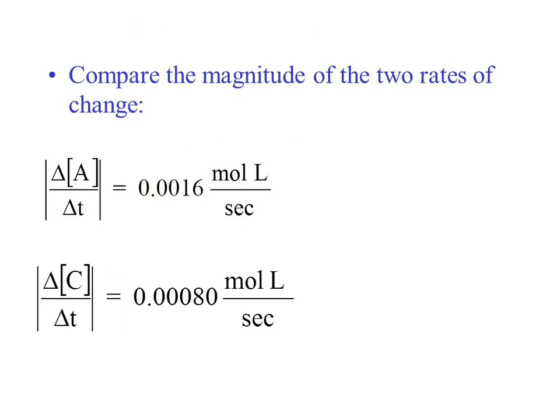Notice I've gone ahead and applied the absolute values. So that means that instead of being negative, the value for the rate of change of A is 0.0016 moles per liter per second.